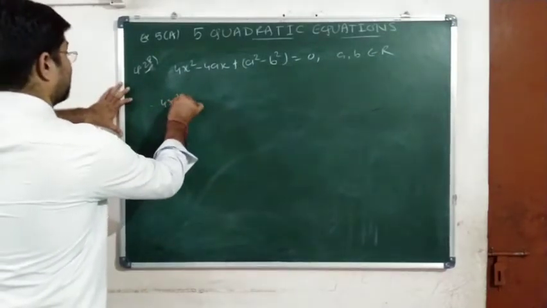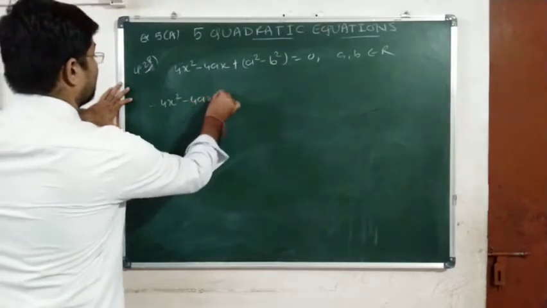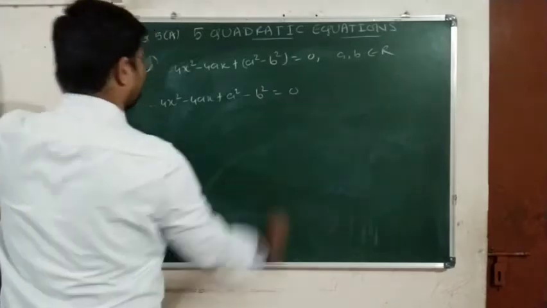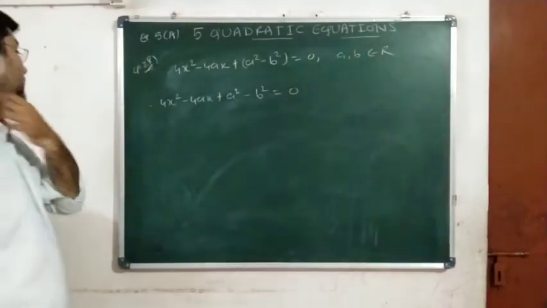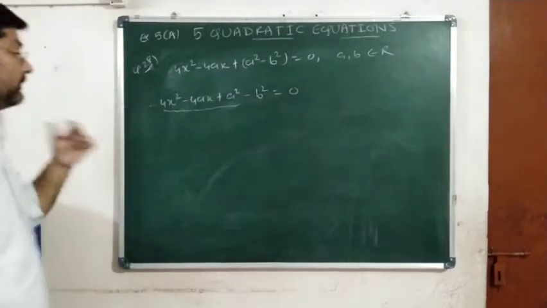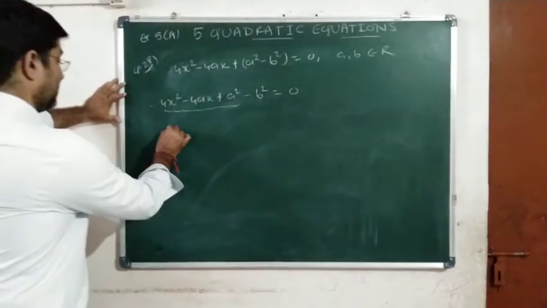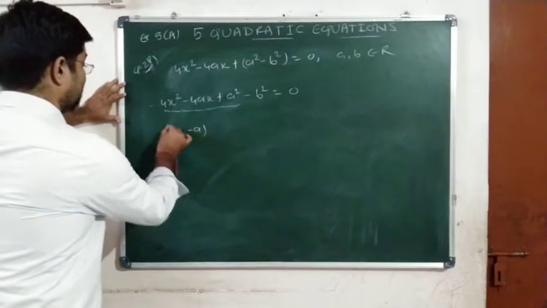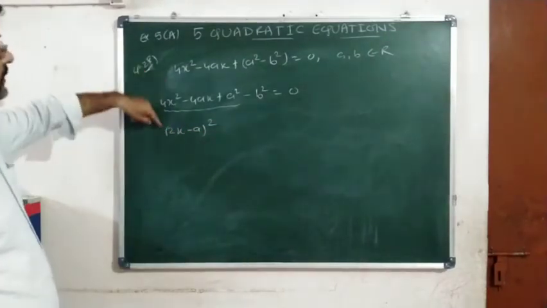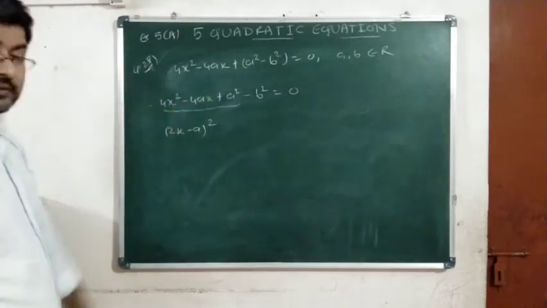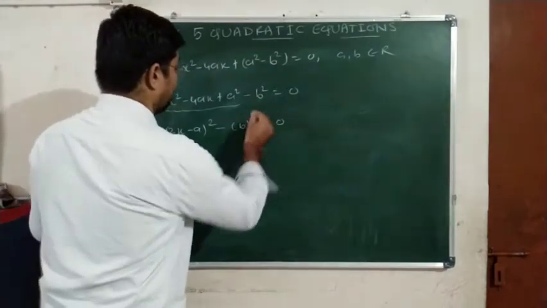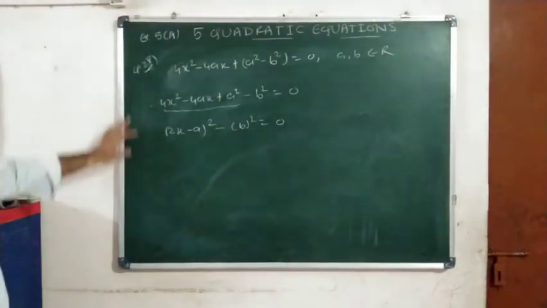Therefore 4x square minus 4ax, let us open the bracket. Now we can write in this manner. If you notice, the first trinomial is a perfect square polynomial. So this can be written as (2x minus a) the whole square, because the expansion of (2x minus a) the whole square is 4x square minus 4ax plus a square, and b square can be written as minus (b) the whole square.